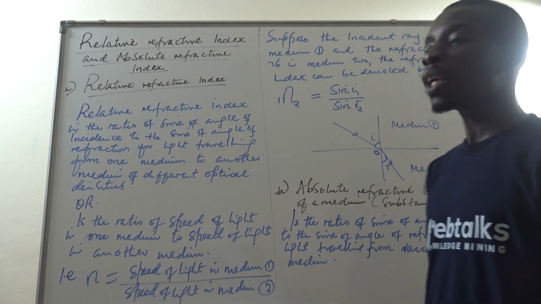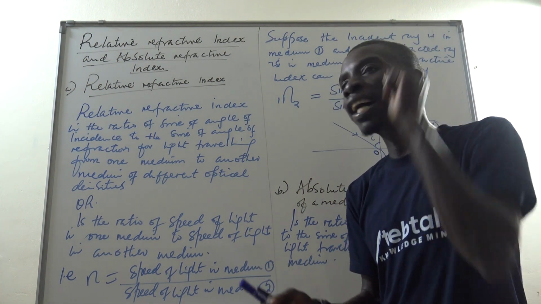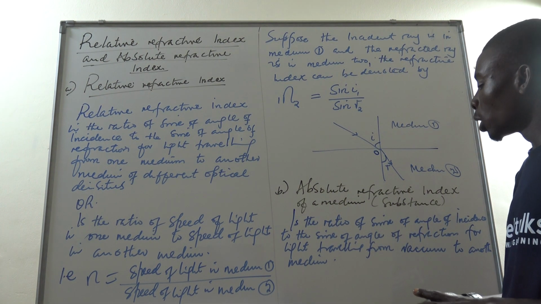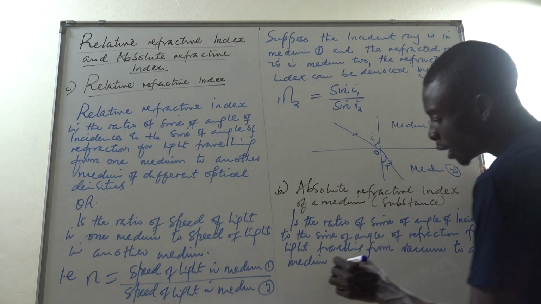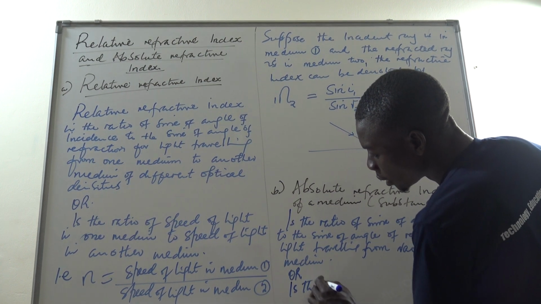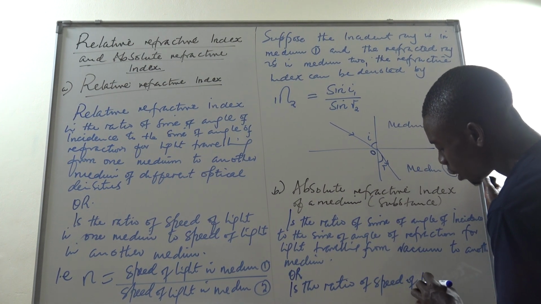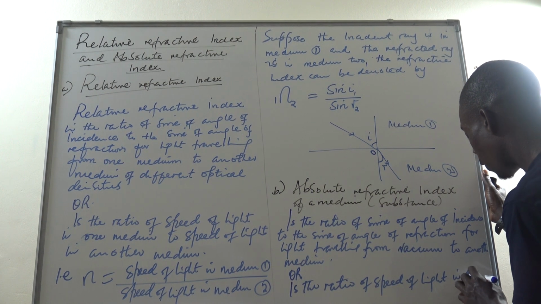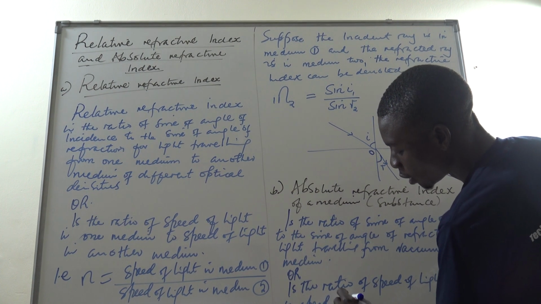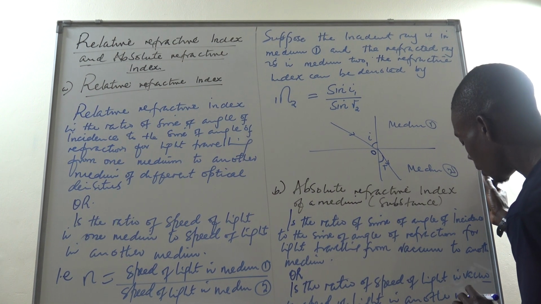So when we are talking about absolute, we basically look at the first media should be vacuum. If the first media is specifically vacuum, we therefore say that that is absolute refractive index. Okay? Or it can also be the ratio of speed of light in vacuum to speed of light in another medium.